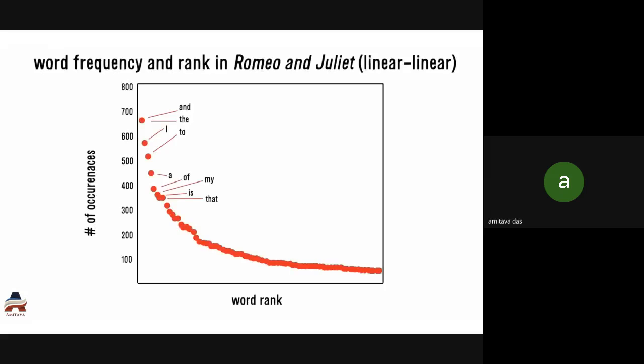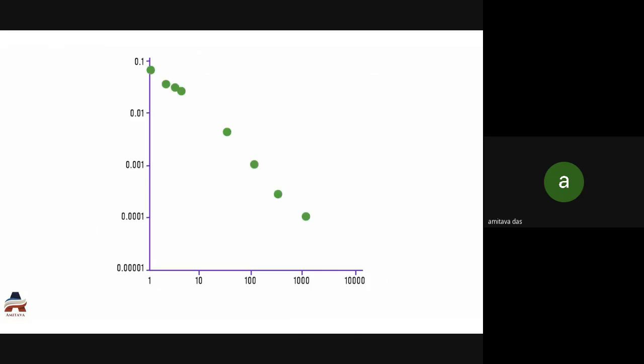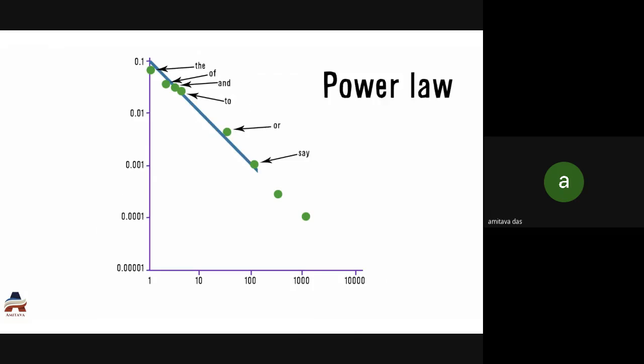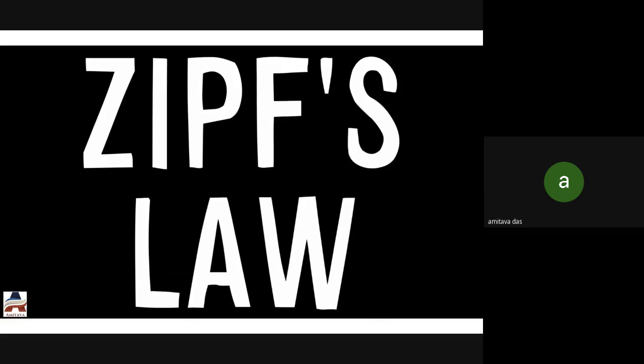For some reason, the number of times a word is used is just proportional to 1 over its rank. Word frequency and ranking on a log-log graph follow a nice straight line, a power law. This phenomenon is called Zipf's law. And it doesn't only apply to English.